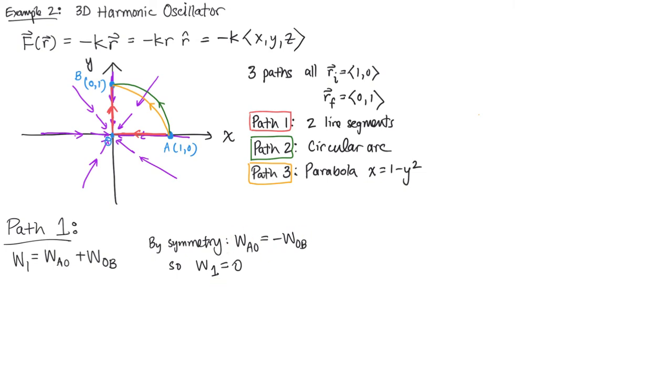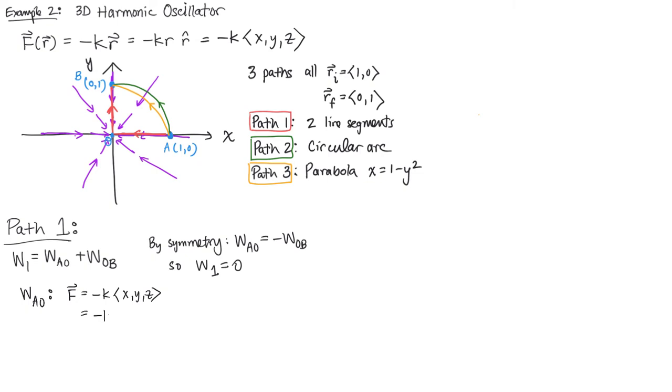But let's actually do this out explicitly. So W_AO, this is the first leg. We have a force vector that is equal to minus k times (x, y, z). We're always going to be at y and z equals 0.